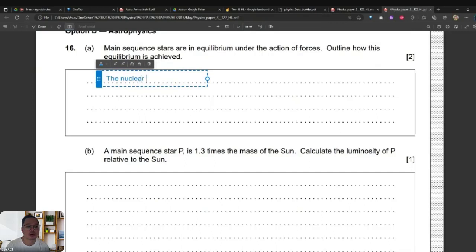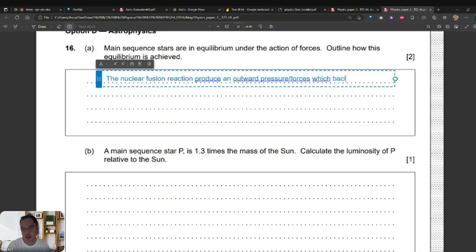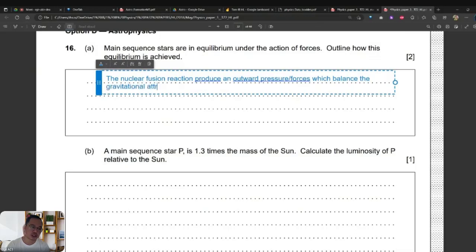The nuclear fusion reactions produce an outward pressure or outward forces which balance the gravitational attraction of matter in the sun, maintaining its equilibrium.